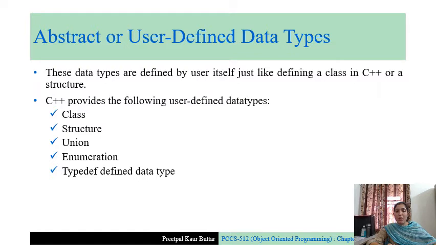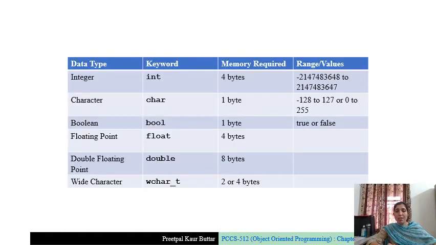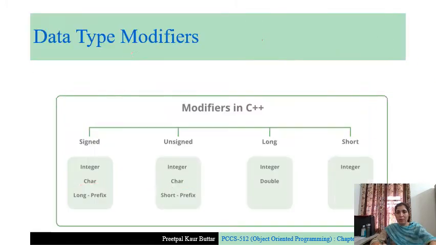We will discuss all these things one by one as we go along in the course. And this table summarizes the primitive data types along with the keyword which we use for them, the memory required for them, and the range of values. For example, integer occupies 4 bytes, character occupies 1 byte, boolean occupies 1 byte.